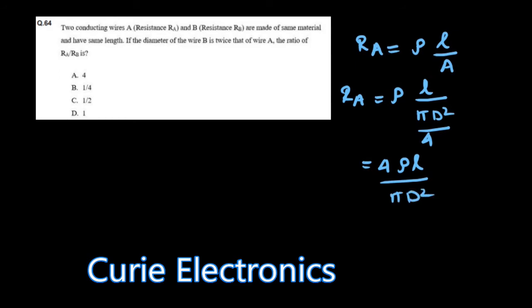So this is our first equation, that is the resistance of RA.